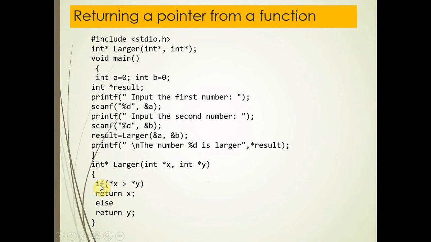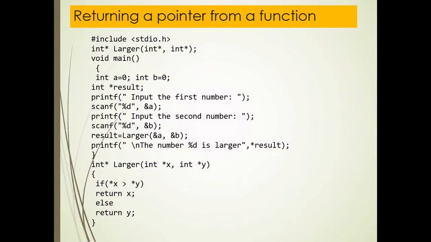So now here I have taken a very simple function. If value at x is greater than value at y, note that value at x means the value at the address held by x. x holds the address of a, so it is the value of a.